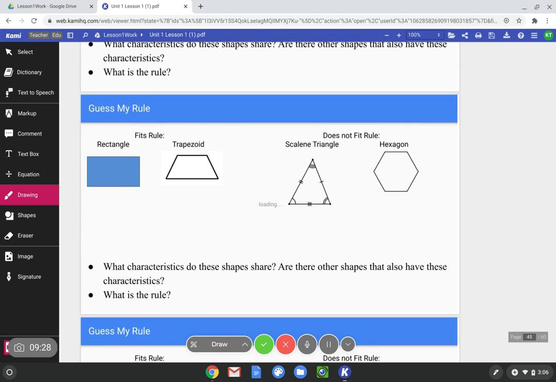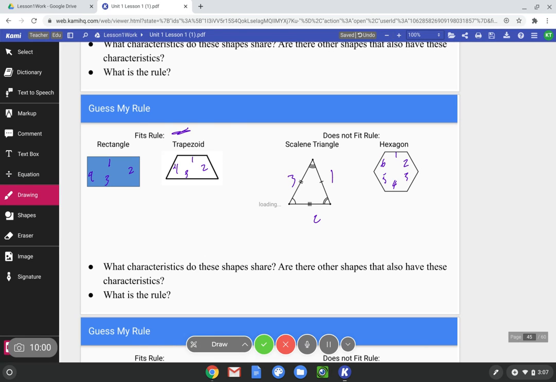Okay, so here I have a rectangle and trapezoid that fit the rule, but a scalene triangle and a hexagon don't. So what do the rectangle and trapezoid have that the scalene triangle and hexagon don't? Well, just off the top of my head, I can see that this has 1, 2, 3, 4 sides, and a scalene triangle has 1, 2, 3, and a hexagon 1, 2, 3, 4, 5, 6.